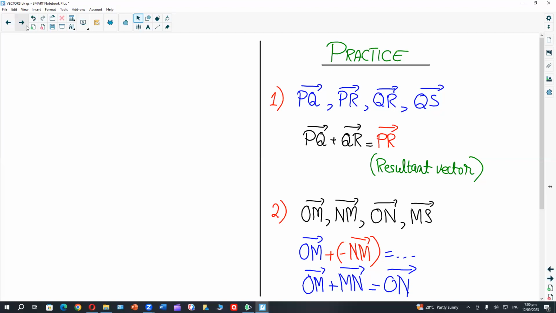Yes. So this is called head to tail, and you have to look for the letters.